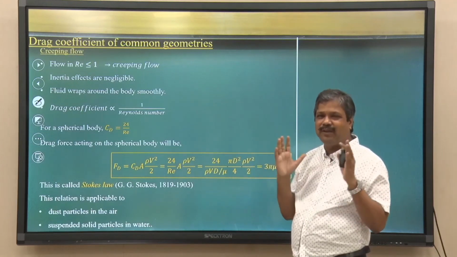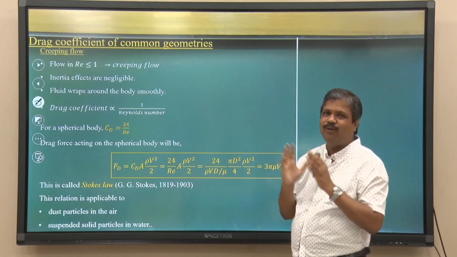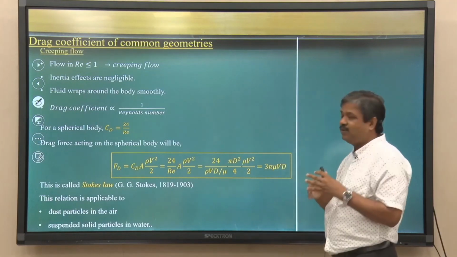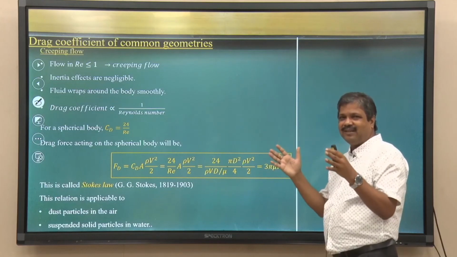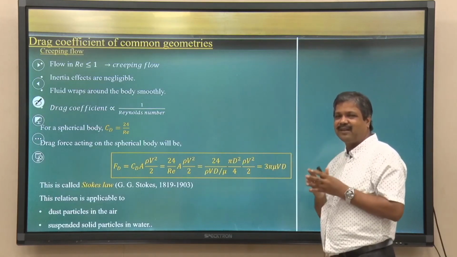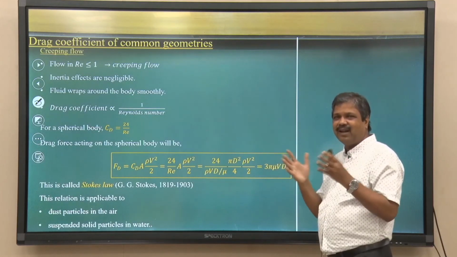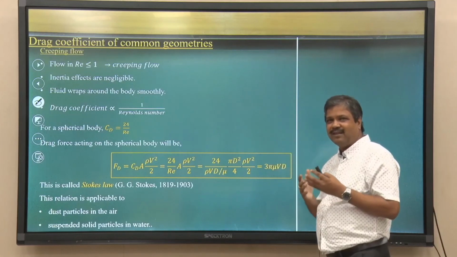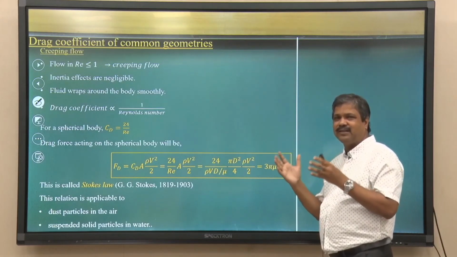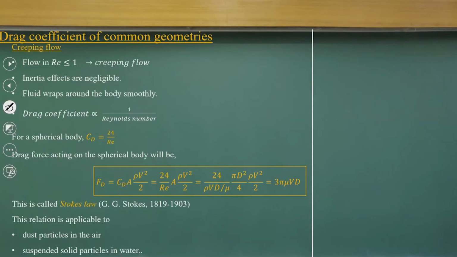When you do this, you can think about how lift and drag forces are happening, or cross reference the standard tables of lift and drag given in many textbooks, like Cengel and Cimbala or F. M. White. You can understand how the drag force is changing just by observing the value of Cd. Coming back to creeping flow, it is very simple. When you have a low Reynolds number, Cd is equal to 24 by Reynolds number.